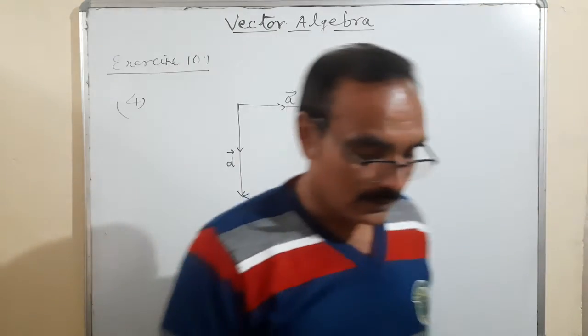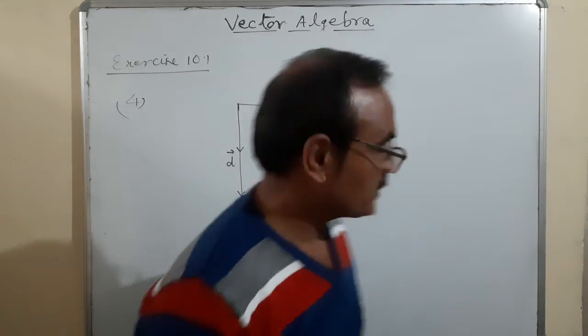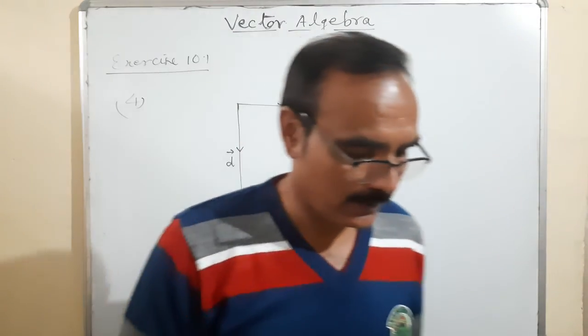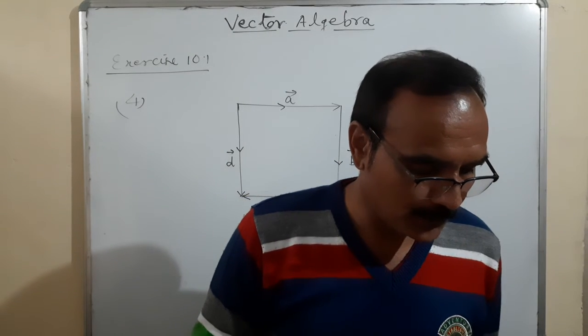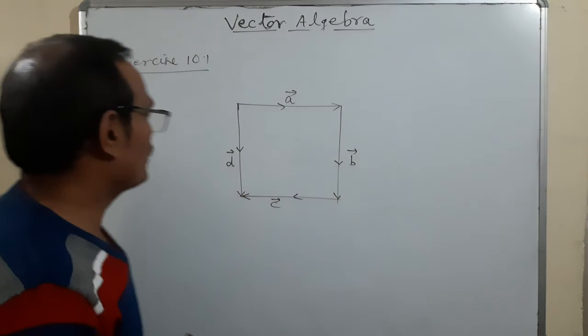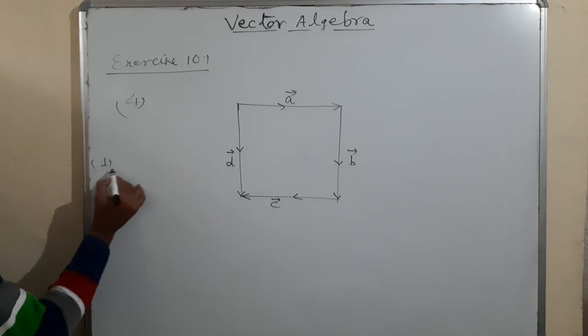Okay. In figure Z square, what is it? It is a square, that means magnitude of all 4 sides are same. And we are going to find out following vectors. One is coinitial.